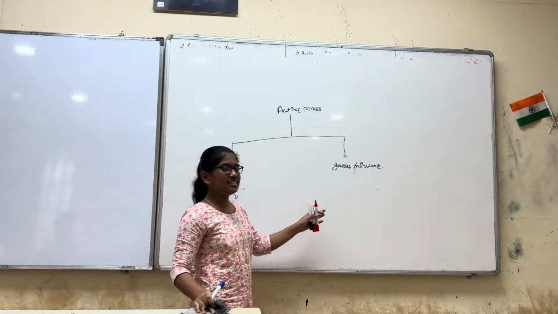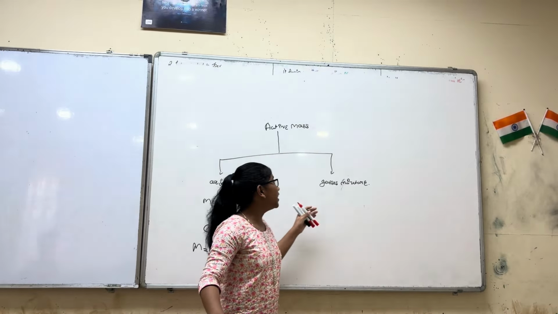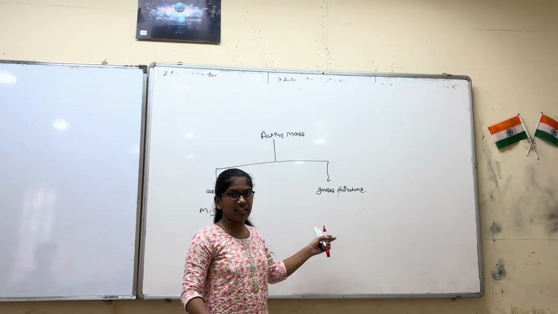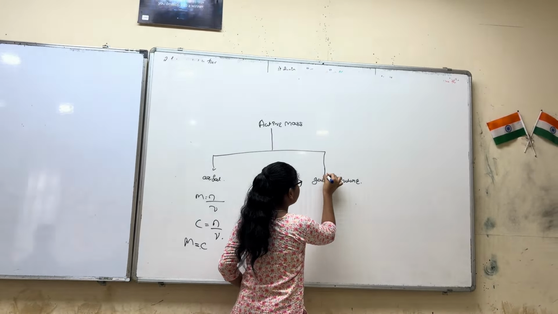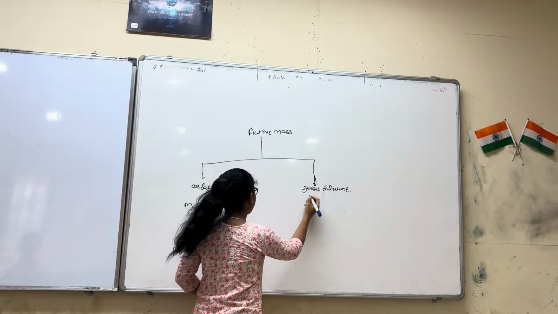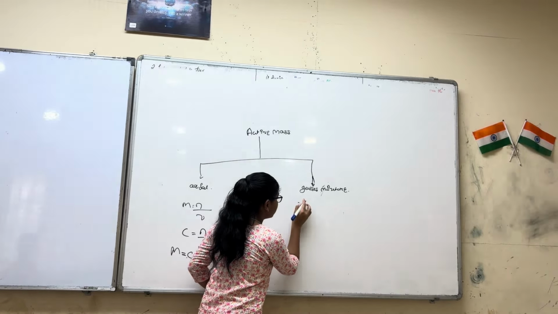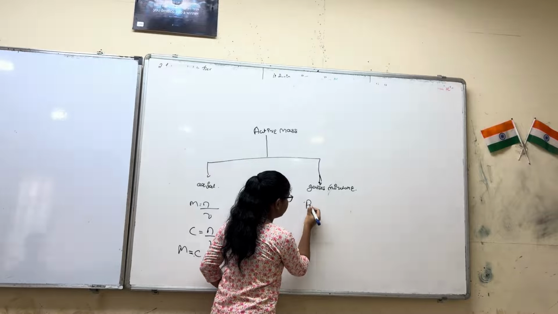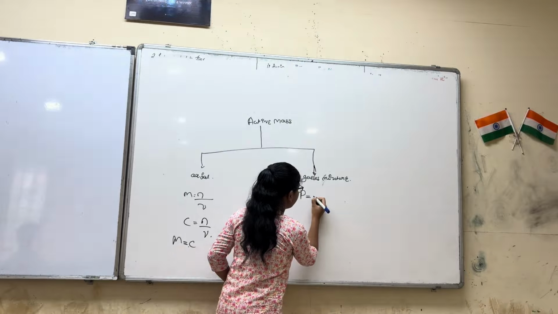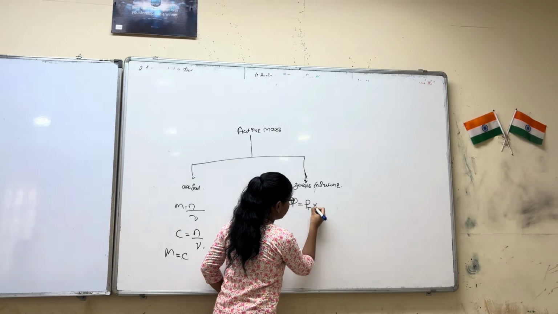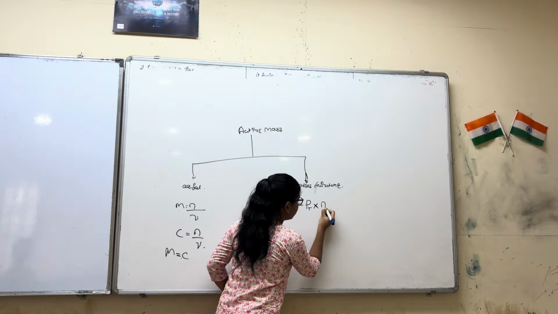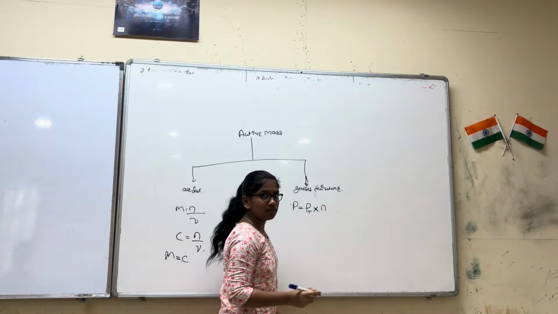Second one is gases mixture, equilibrium takes place in gases mixture. इधर formula is... What is P? Pressure.